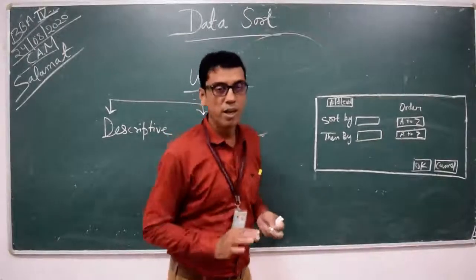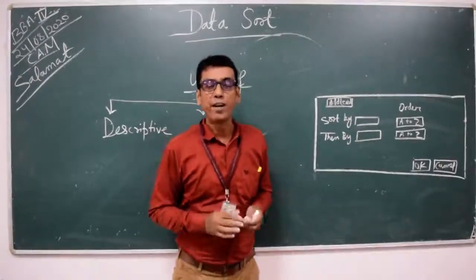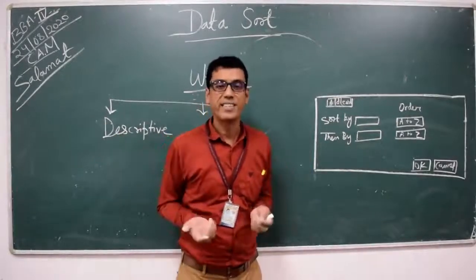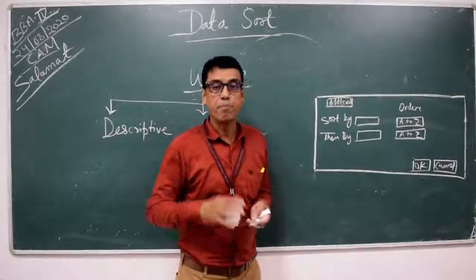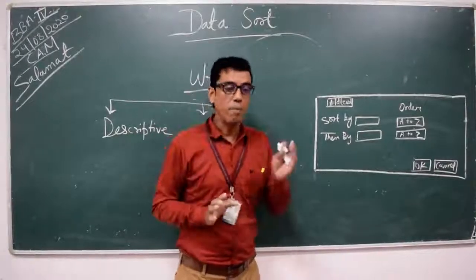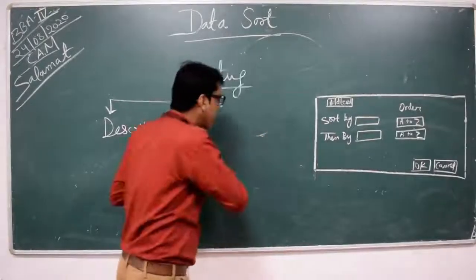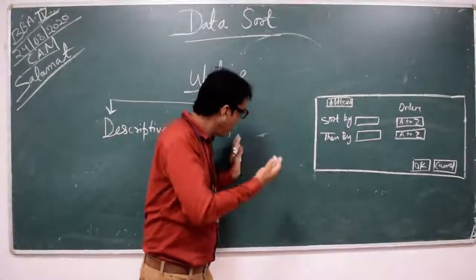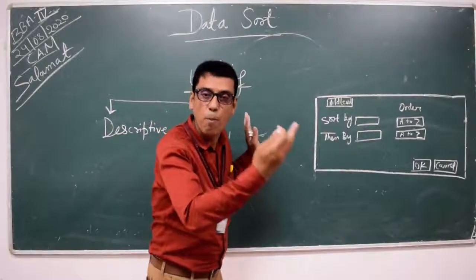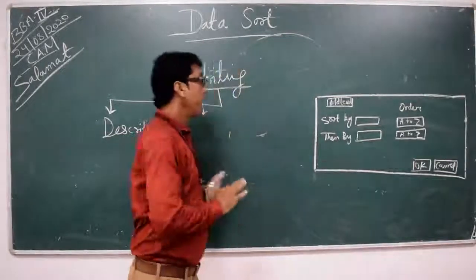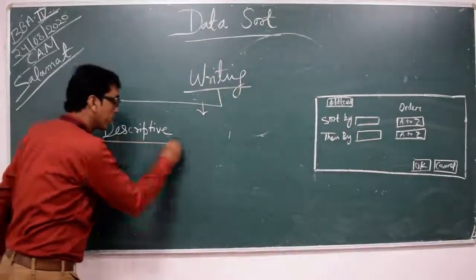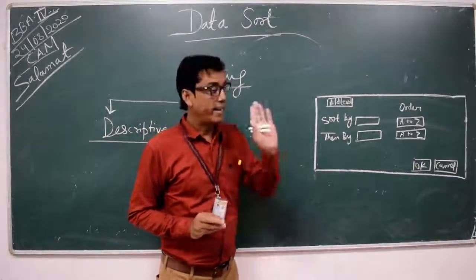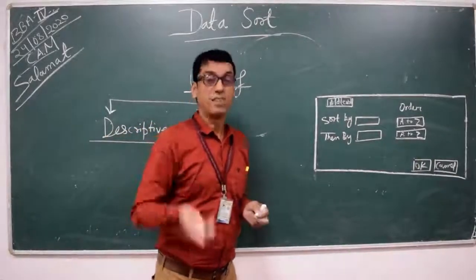Suppose a shopkeeper sold 5 copies, 2 pens and one register, how will he keep this data on paper? Will he describe, today I sold 5 copies, 2 registers and 2 pens to Mr. ABC? So descriptive writing was not suitable to store data generated from business transactions.